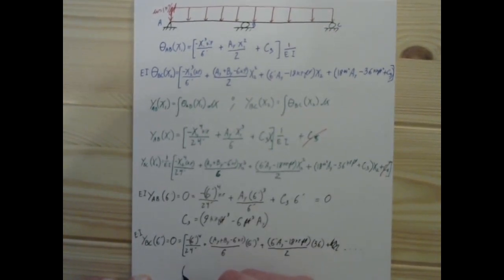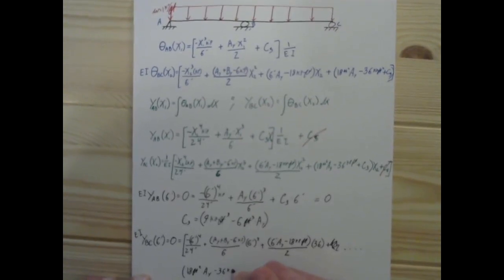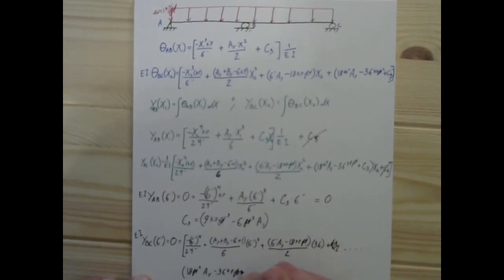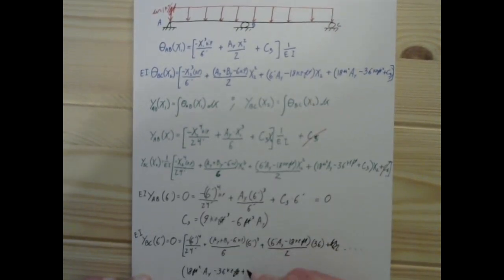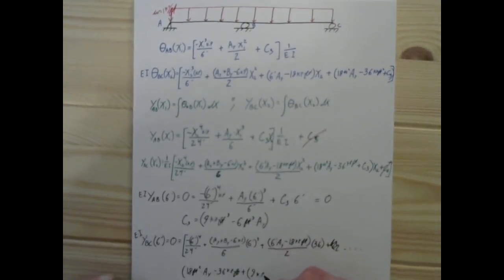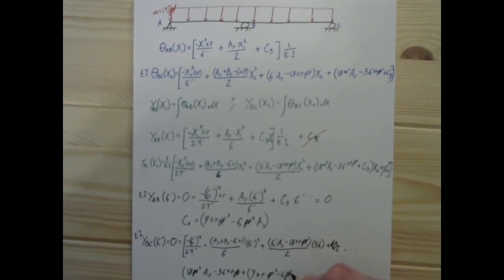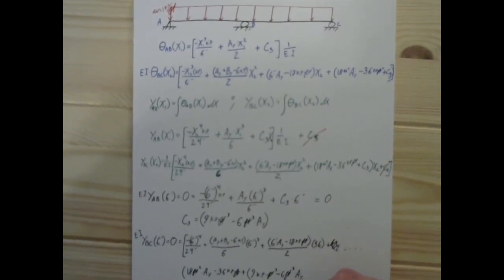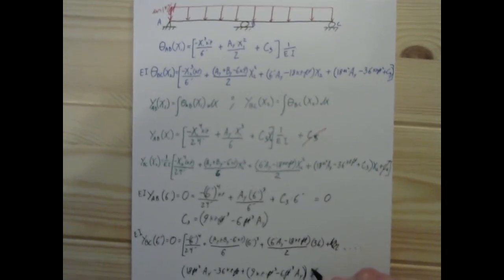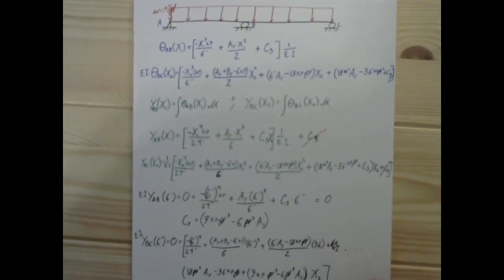Plus 18 feet squared times AY minus 36 kip feet, plus this 9 kip feet cubed minus 6 feet cubed times AY, times x2, has to equal 0.